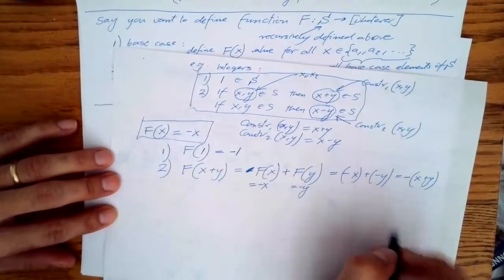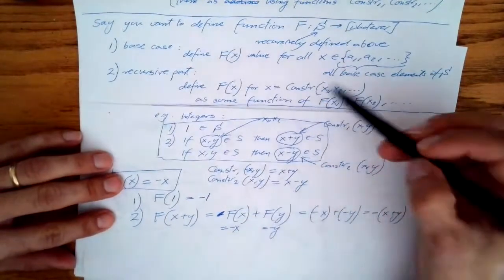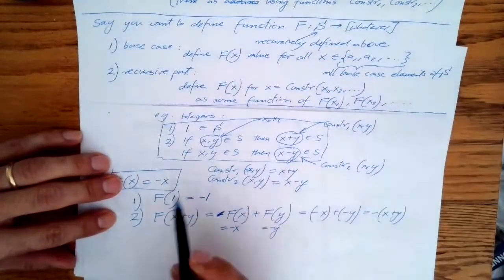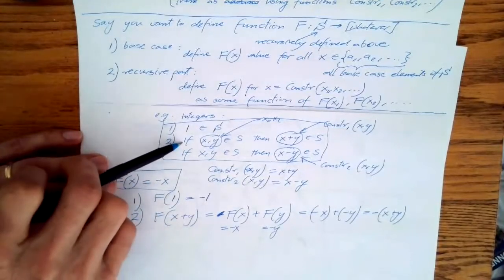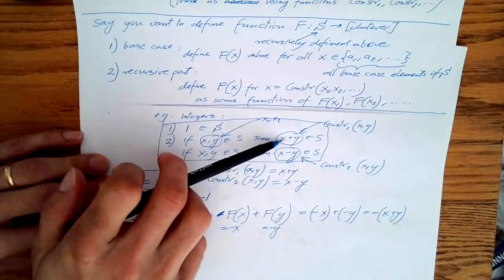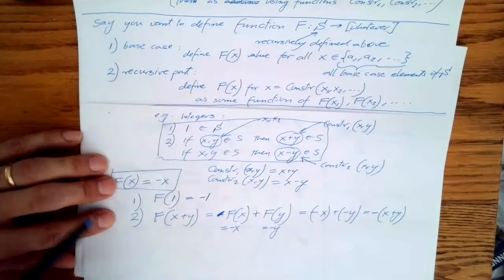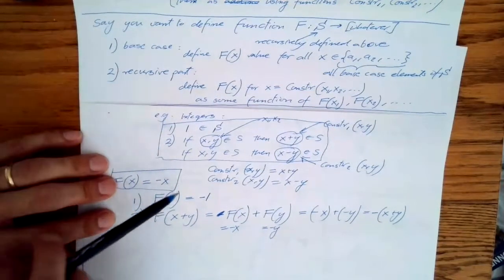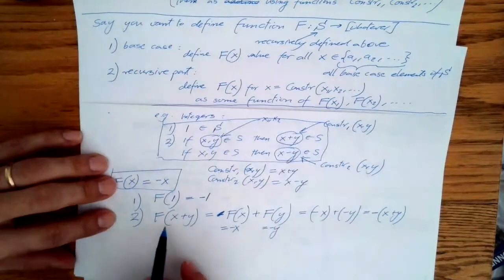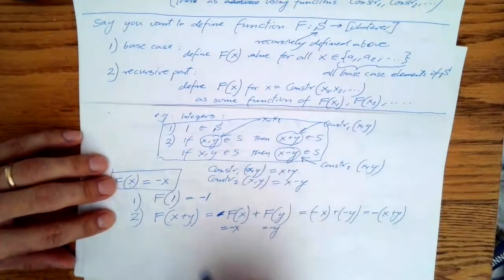Okay, so I am doing what I was supposed to. The first recursive rule puts x plus y in the set if x and y are in the set. So I have to define what is the value of this function on this element, x plus y. Let's define it as some function of the value of the function on these arguments. You know what?